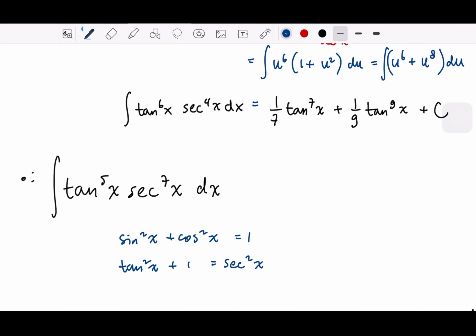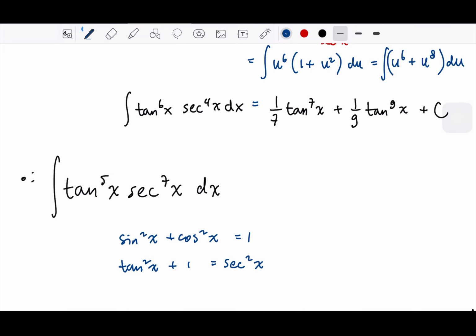Since all of these identities have an even power, and we now have an odd power, it makes sense that we separate one tangent from the tangent with power 5, so it becomes tangent 4, and one secant from the secant with power 7, so it becomes secant 6. So secant 6 tangent 4, and then secant tangent.